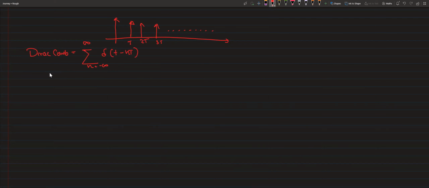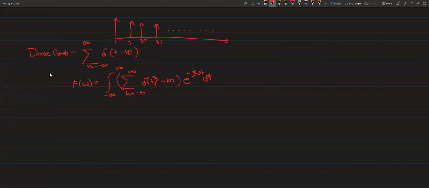As we know, if you want to find the Fourier transform F of omega, I have to integrate from minus infinity to plus infinity the sum over n from minus infinity to plus infinity of delta of t minus nT, times e power minus j omega t, dt.